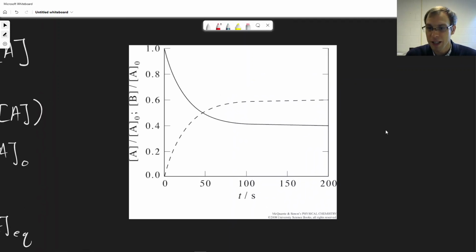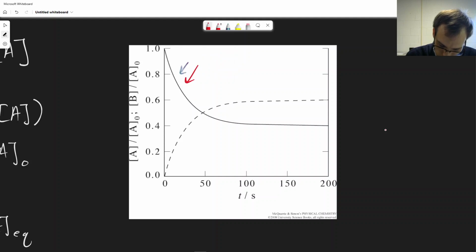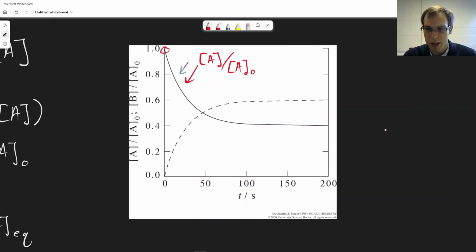We're plotting either A or B on the y-axis, and so specifically the curve on top here, this is the A curve. So this is plotting concentration of A divided by A naught. So at this point, at the beginning of the reaction, we have all A, right? And the value is equal to A naught.